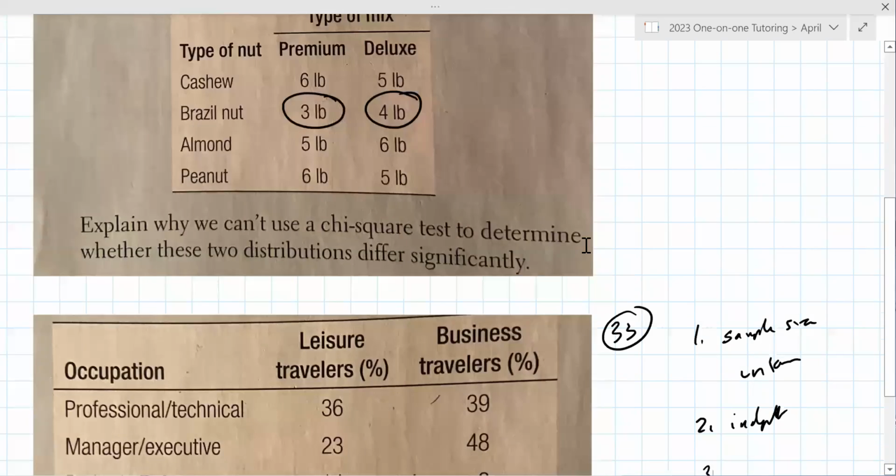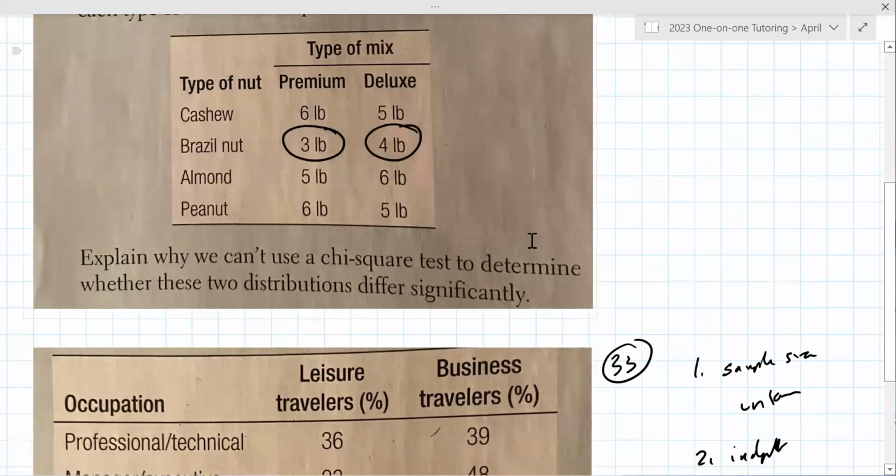Okay. But for 34, we actually need to do a bit more here. It was my fault for not covering that. So we'll go back to 34. The expected value of each cell has to be at least 5, and I'm sure that's the problem here.